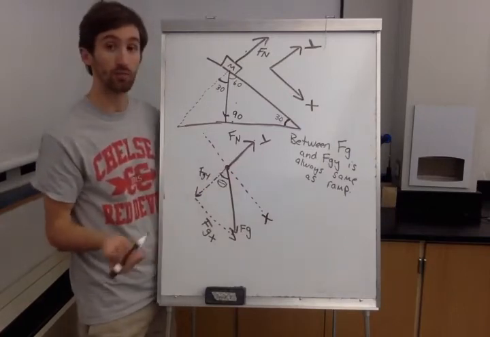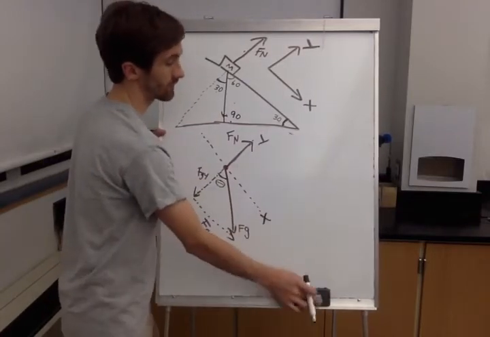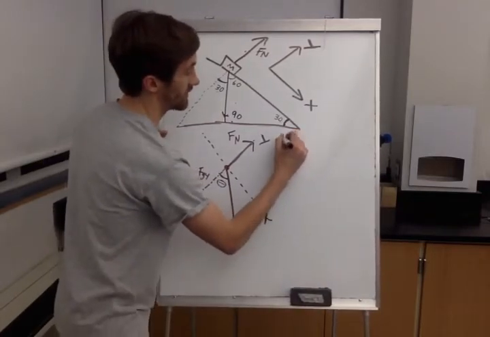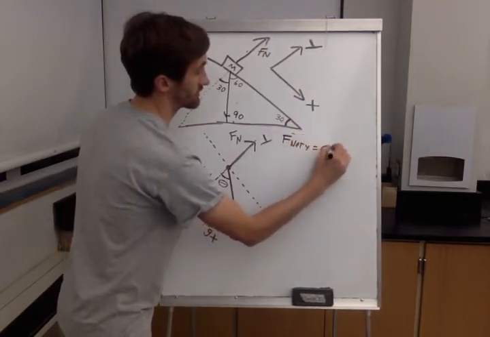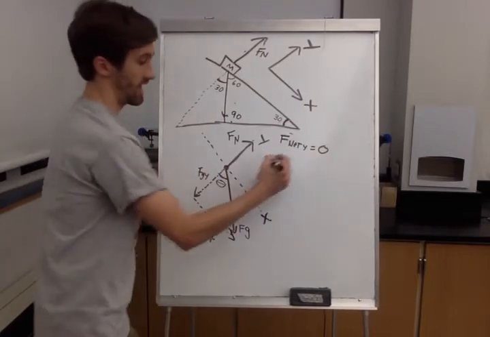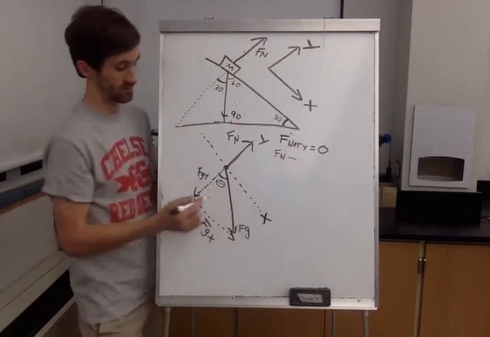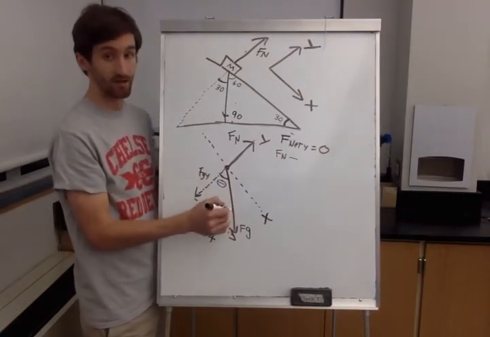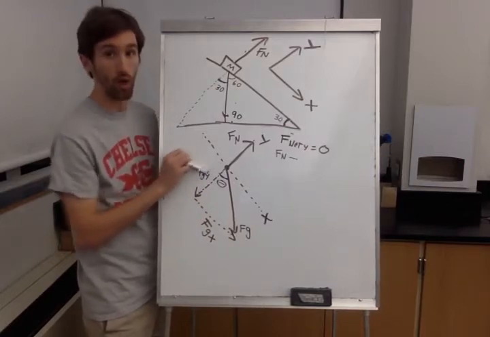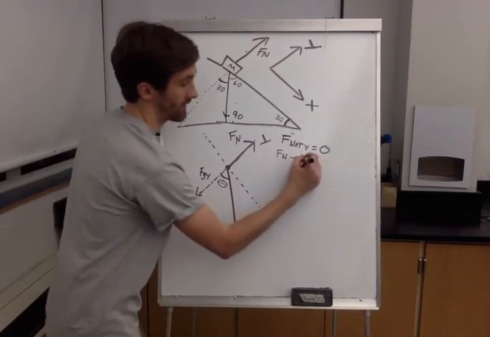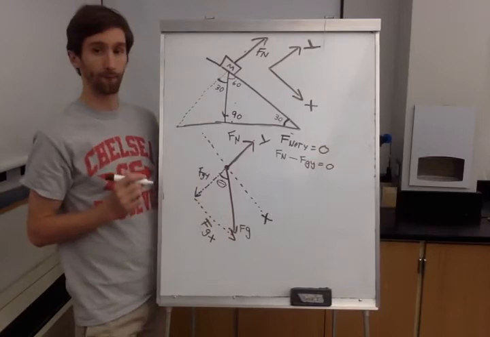So when I then move on to my Newton's second law equations, I see that F net y equals 0, and I have normal force minus, not Fg, that's not in the y direction, specifically Fgy, the y component, Fgy is equal to 0.